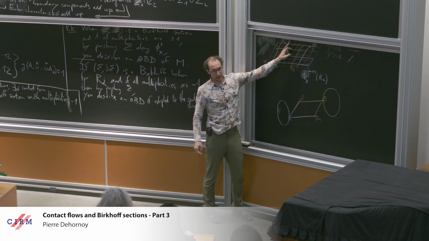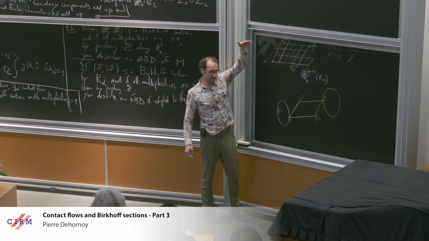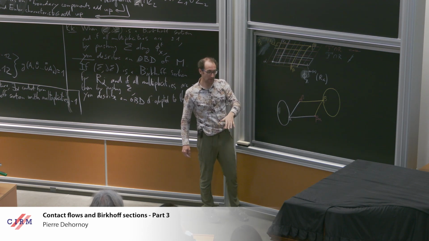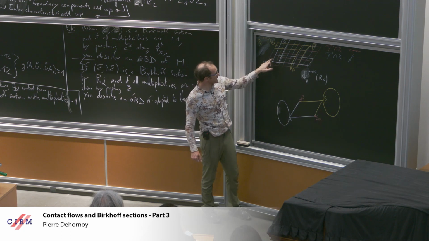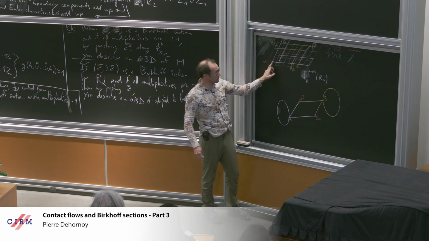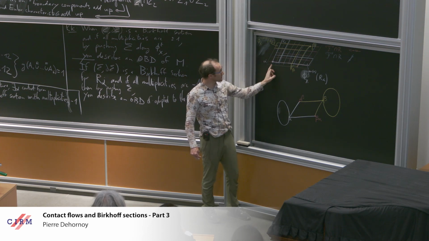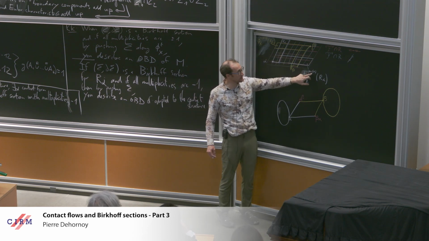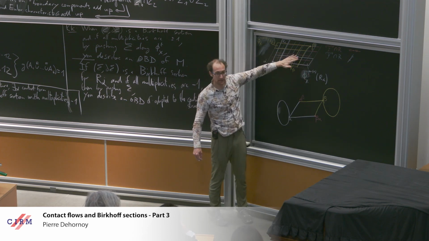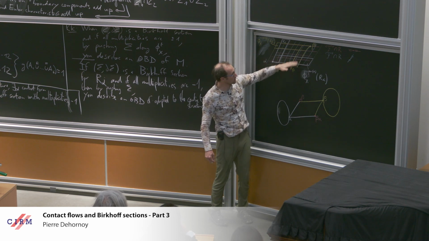So I look at R alpha, and I push this rectangle along the flow until alpha comes back. Alpha is a periodic orbit, so after a time, which is its period, this corner comes back to here. So if you push the rectangle by approximately this period, you come back here, up to a small error.